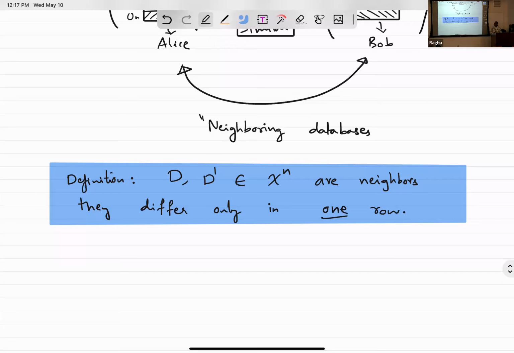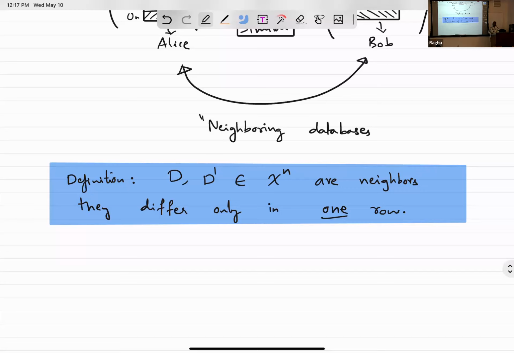Imagine I take the same database, but swap one person for another person. From my perspective, that's good privacy if the answer doesn't change much. And it's reasonable to expect such a thing if you have a huge database. Maybe then the amount of information you need from each user could be small enough to satisfy my privacy concerns.